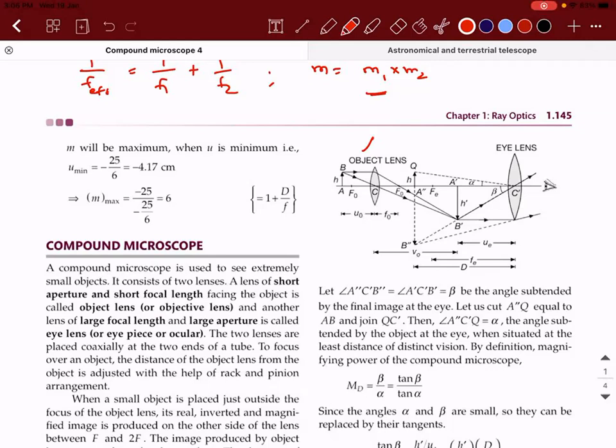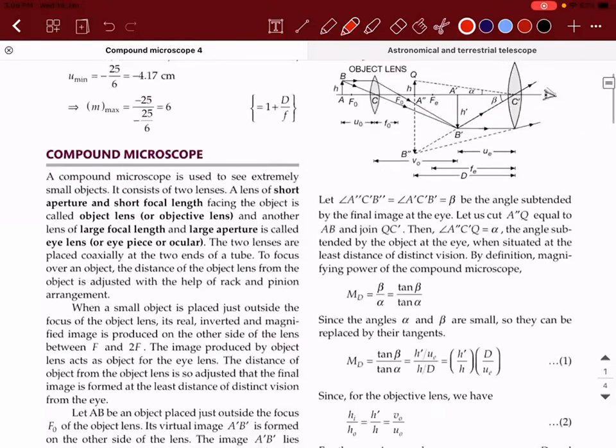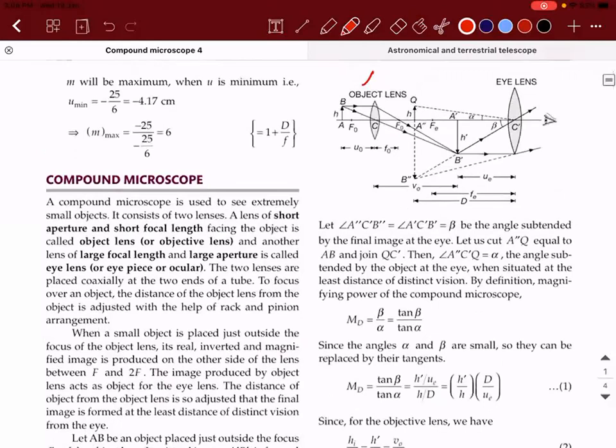Using one of the convex lenses, you will magnify the object first. Once you magnify that object, the magnified image produced by the first lens will be used as an object for the second lens, so that the second lens will further magnify the image produced by the first lens. Right? So having this in mind, let's try to understand what actually a compound microscope is.